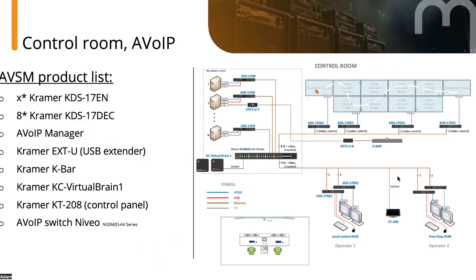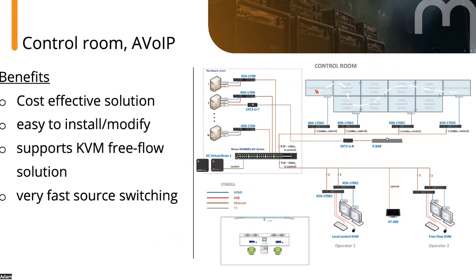So the product list is here: encoders, decoders, of course the AVoIP manager, some accessories, and control devices, and of course the AVoIP switch from Nevion is here. What are the benefits? It's a cost-effective solution because we can select the specific number of decoders and encoders, and we actually limited the number of decoders here to lower the total costs.